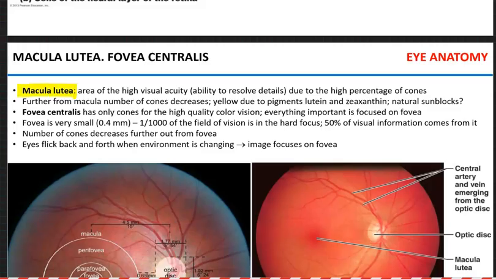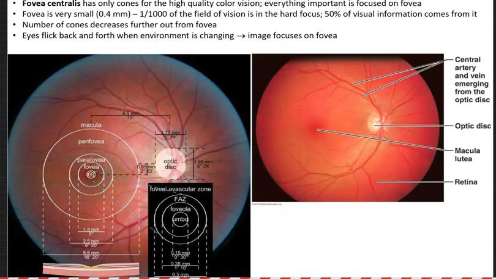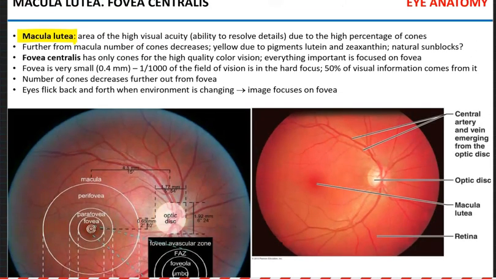Now, let's talk about this actually very exciting thing. Macula lutea, which is translated from Latin as yellow spot. Okay? Yellow spot.